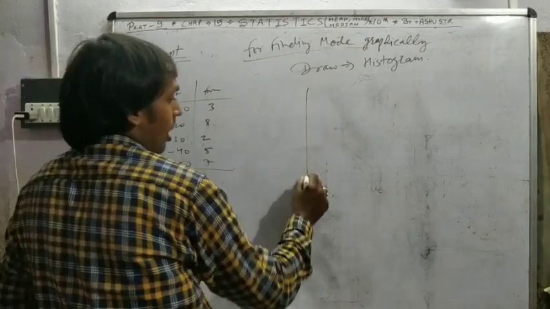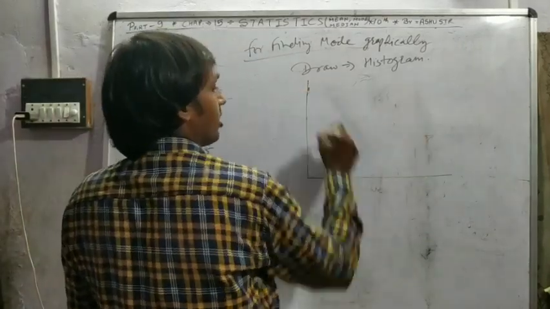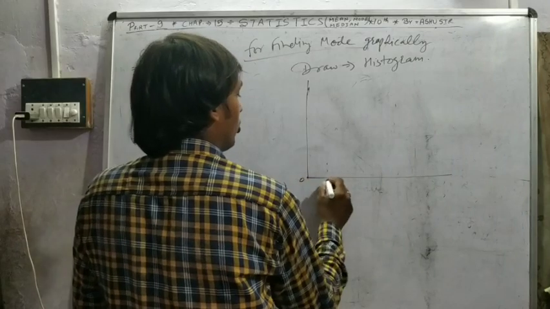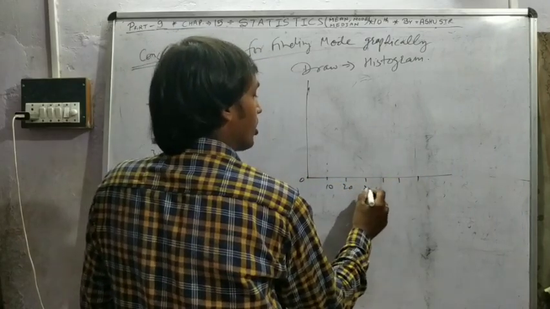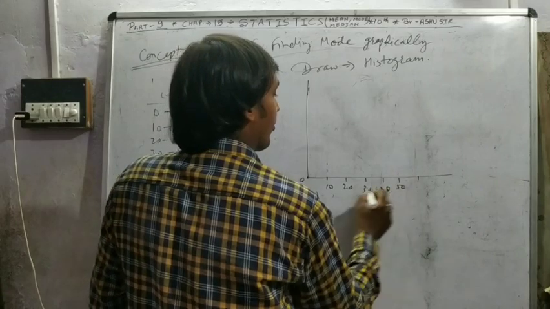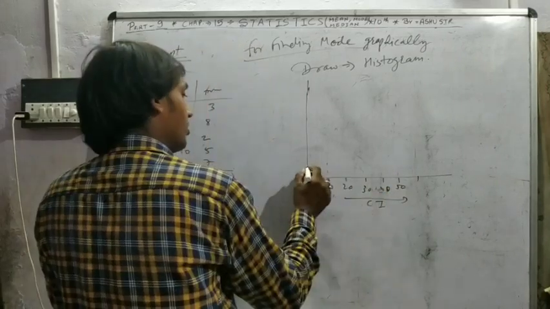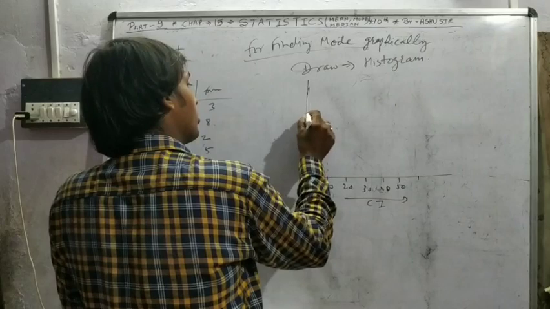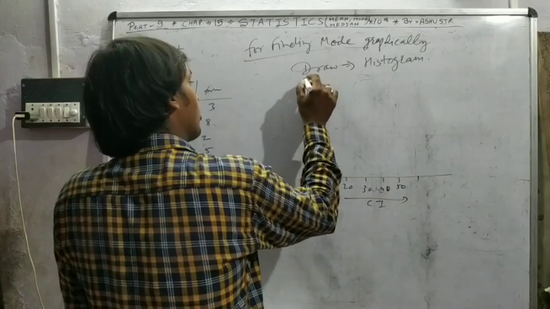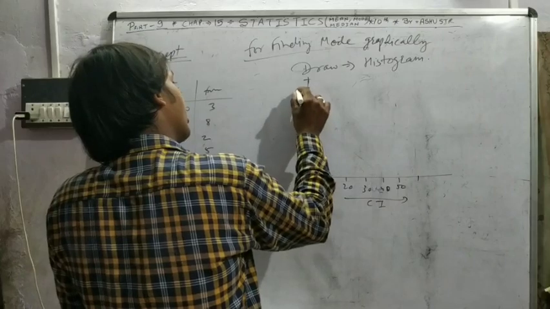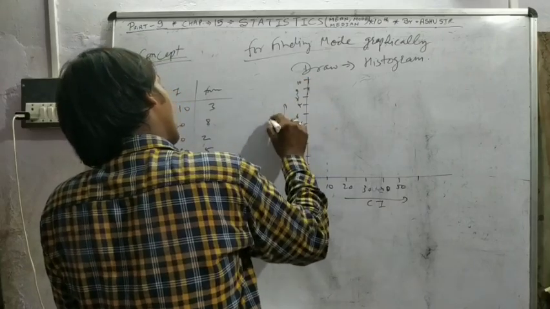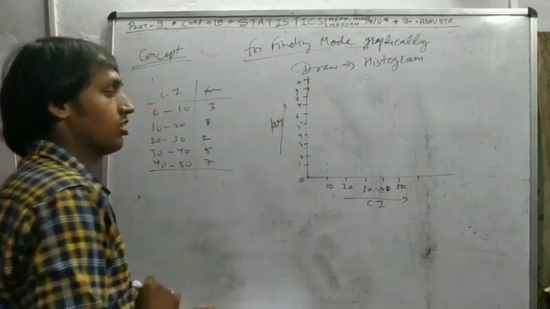So we draw the axes: 0, 10, 20, 30, 40, 50 for class interval, and this is the frequency.